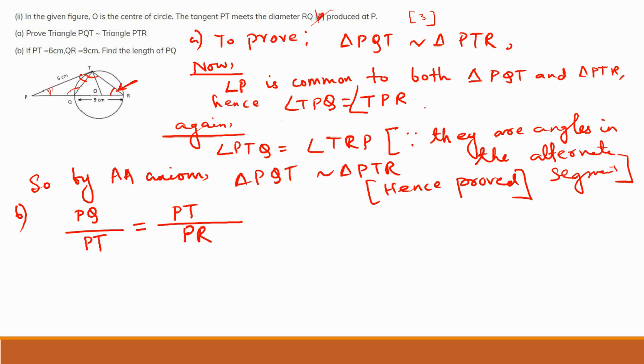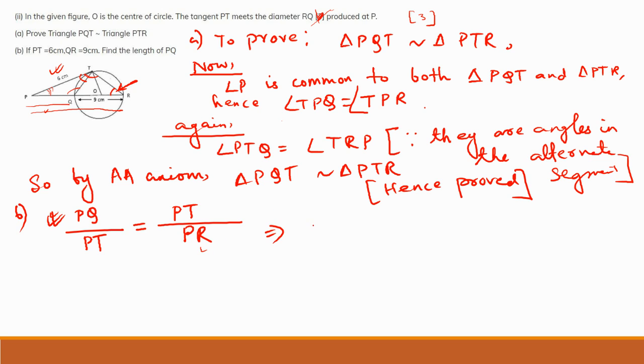So the sides should be in proportion. Basically, that is what I'm doing. In a similar triangle, the sides are in proportion, right? So I'm trying to write two sides where you know the PT. This side I'm trying to put in the equation. In this equation, I'm trying to put PT, and since we have to find the length of PQ, I'm trying to put at least this entire one PR, so that PR can be divided into PQ and QR, right?